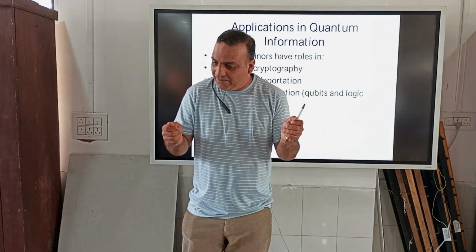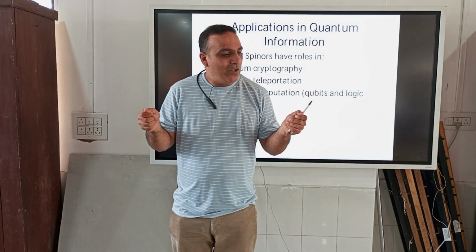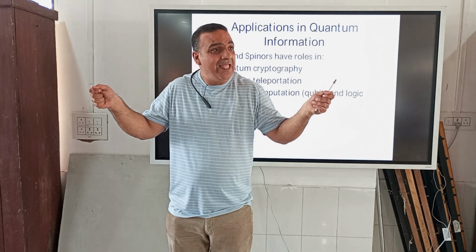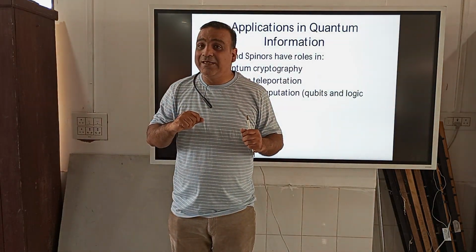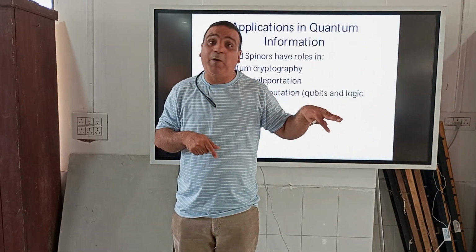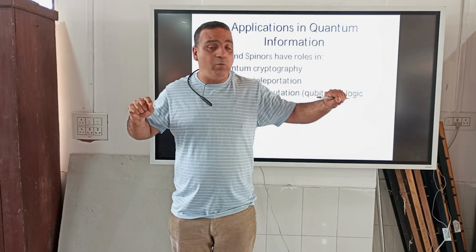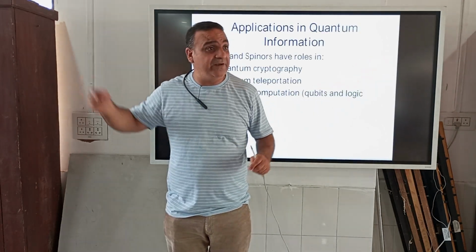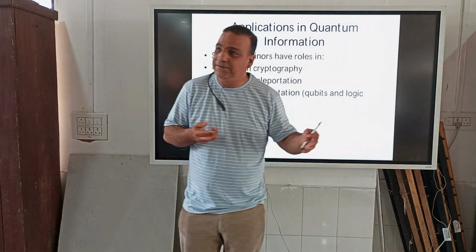Because when we fall in the domain of quantum mechanics, we have two particles, say particle 1 and particle 2. And we bring another particle, say particle 3. Particle 3 can interact with particle 1 and particle 2. Now particle 1 is at one infinity, particle 2 is at another infinity. There's something called quantum mechanical entanglement.